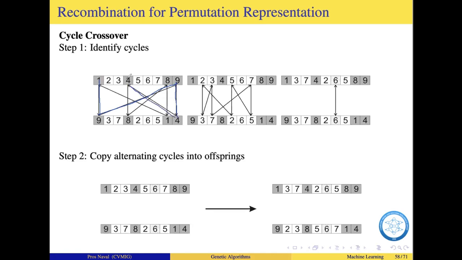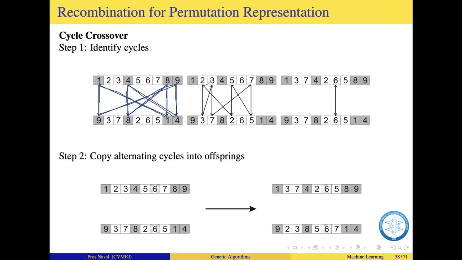This value says, well, 4. We go down from the 4th position to the 4th position on the second parent. What do we have here? A value 8. From here, we go to position 8 of the first parent. And we keep on doing that until we go back to the first position. So now we have a cycle. So this is your first cycle.